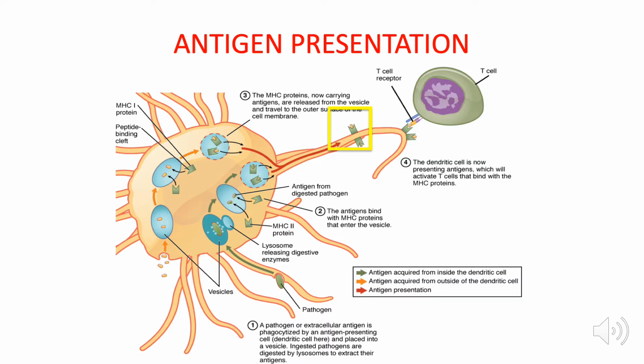This macrophage now will present the antigenic portion of the pathogen to a T cell, particularly a T helper cell. And this T helper cell will act on B cell, and B cell will become the plasma cells, which will later produce the antibodies. This T cell is named T helper because it will help the B cell become plasma cells.